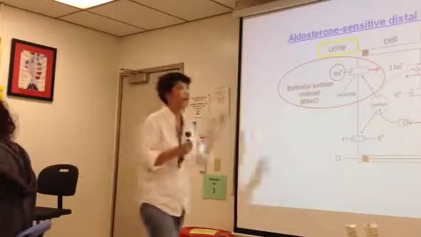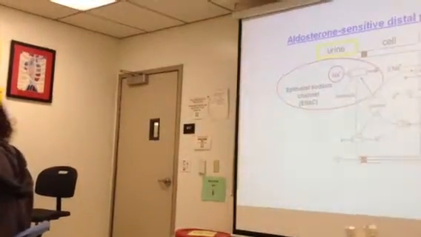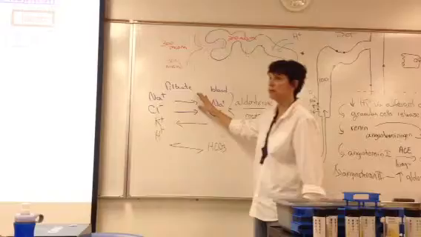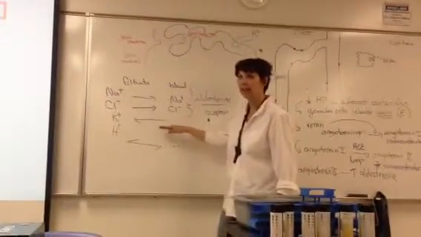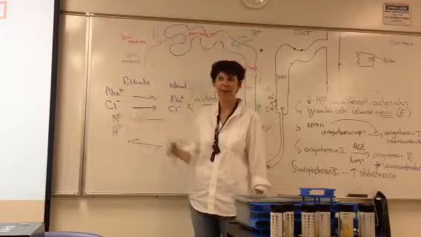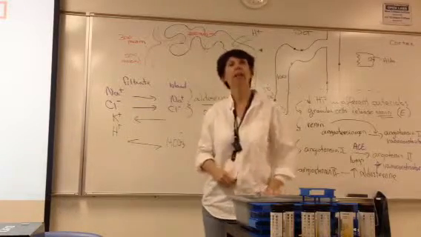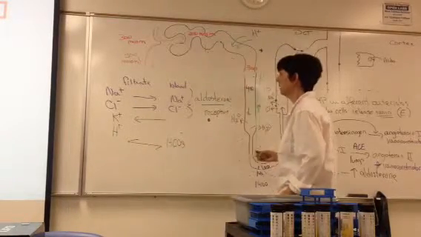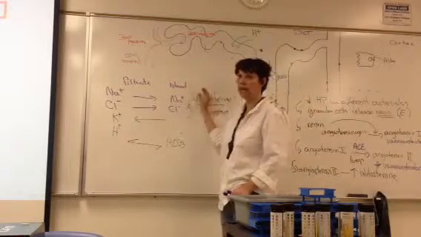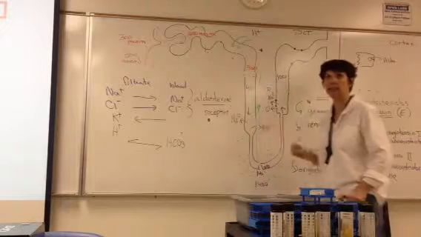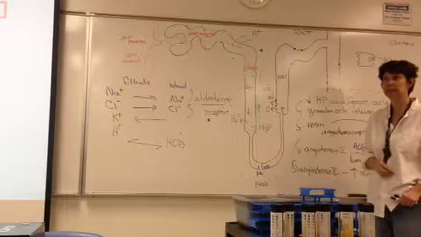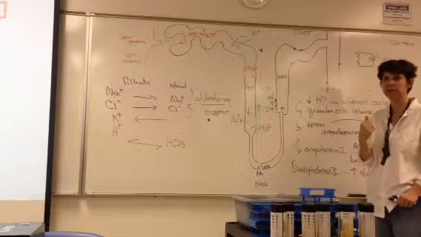Okay? However, if we reabsorb more sodium, what are we going to do? We're going to lose more potassium. Some diuretics block the effect of aldosterone here, and they prevent the sodium from being reabsorbed.